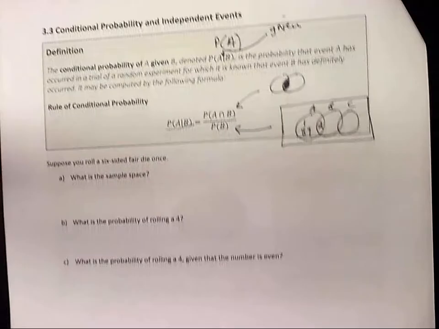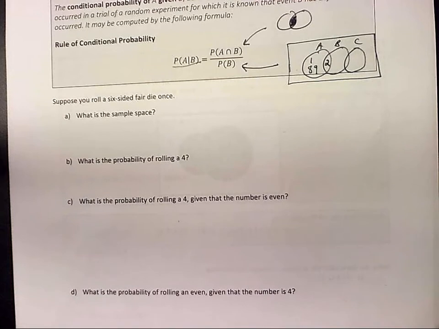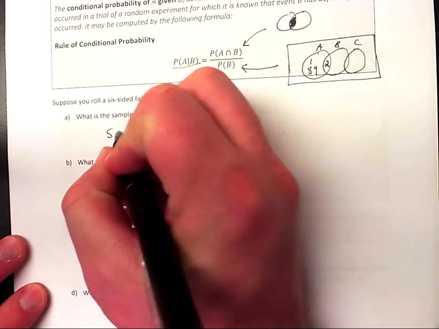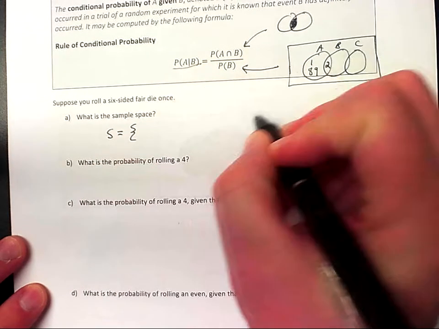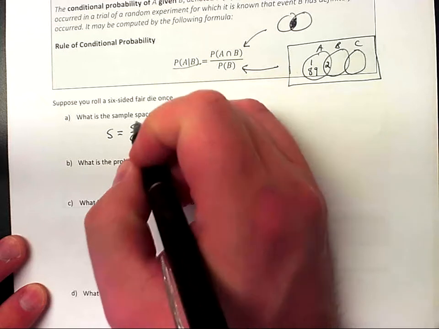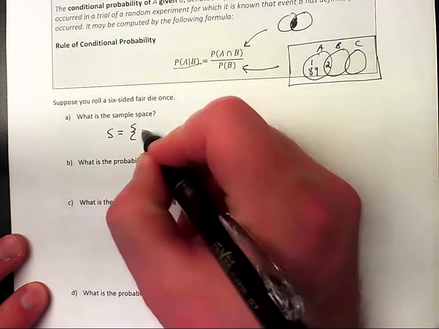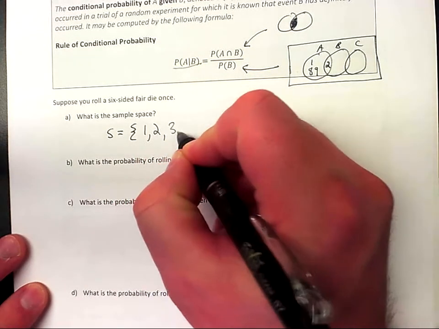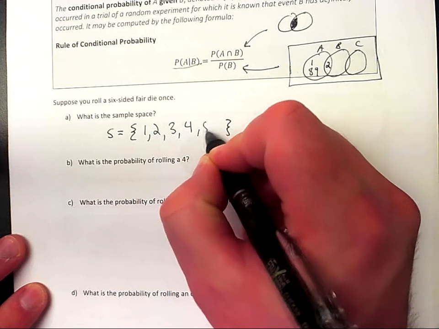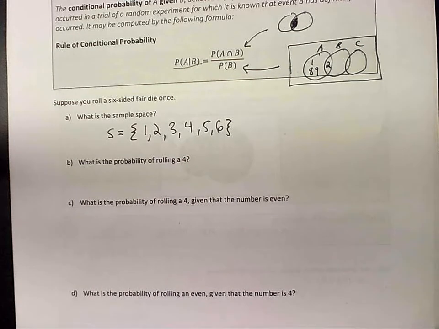So let's do this example. Suppose you roll a 6-sided fair die once. What is its sample space? Yep. So again, we're going to use a little s as the symbol for our sample space. The sample space has to contain all possible outcomes. If you roll a 6-sided die, then all possible outcomes are just the numbers 1, 2, 3, 4, 5, or 6. Then, what is the probability of rolling a 4?